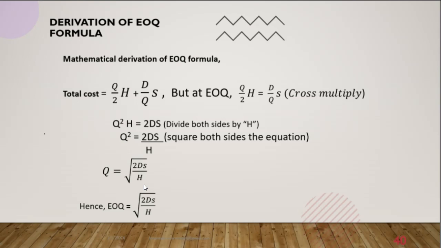So if we apply it, 2 multiplied by annual demand, which is 4,000, multiplied by S, which is ordering cost, divided by carrying cost, we get the economic order quantity, and this is how it was derived from the beginning.